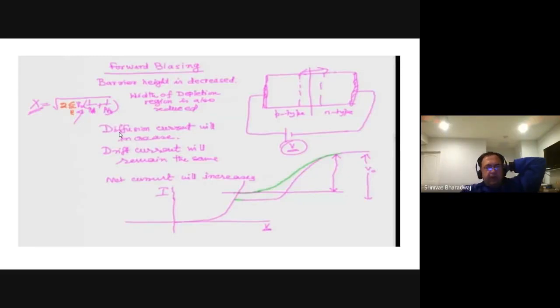So if you applied an AC current, which is positive in one direction and negative in the other, the diode will cut it. It will conduct only one part of the positive cycle, or only one part of the negative cycle, based on whether you're forward biased or reverse biased. So only one part it will conduct, the other part it won't let the current flow.